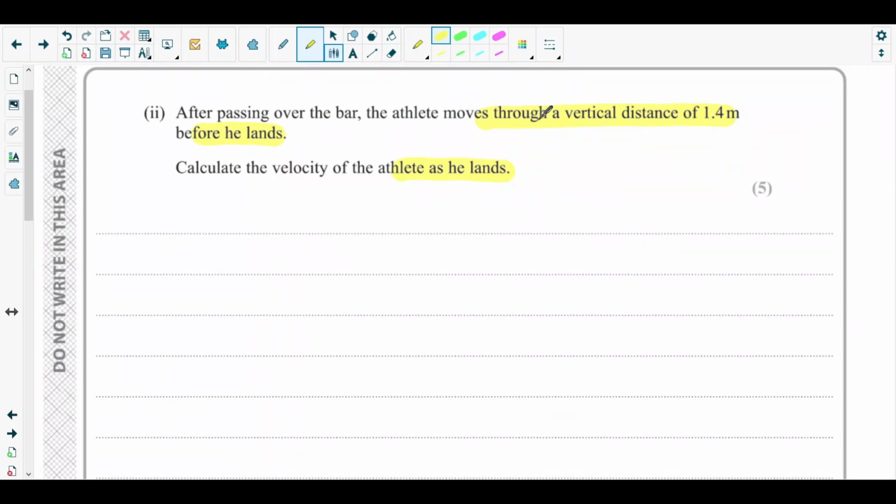As the athlete jumps over the bar, he reaches a vertical height of 1.4 meter, and from that height the athlete will fall freely.